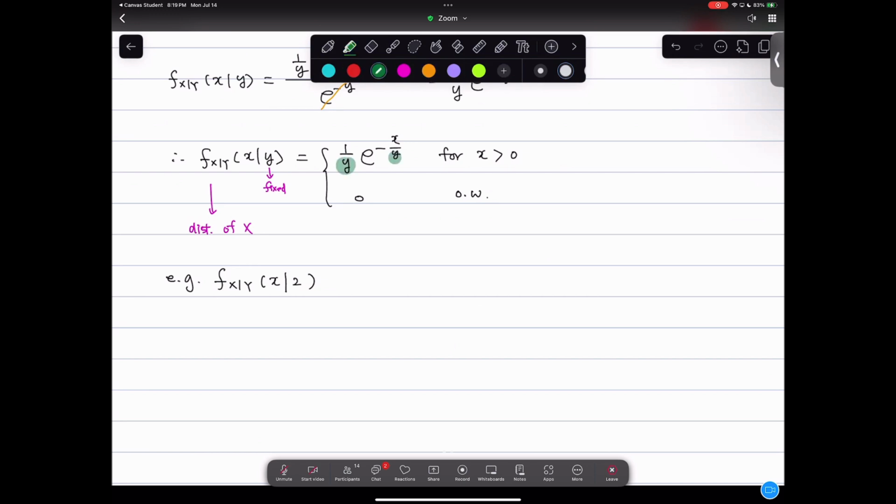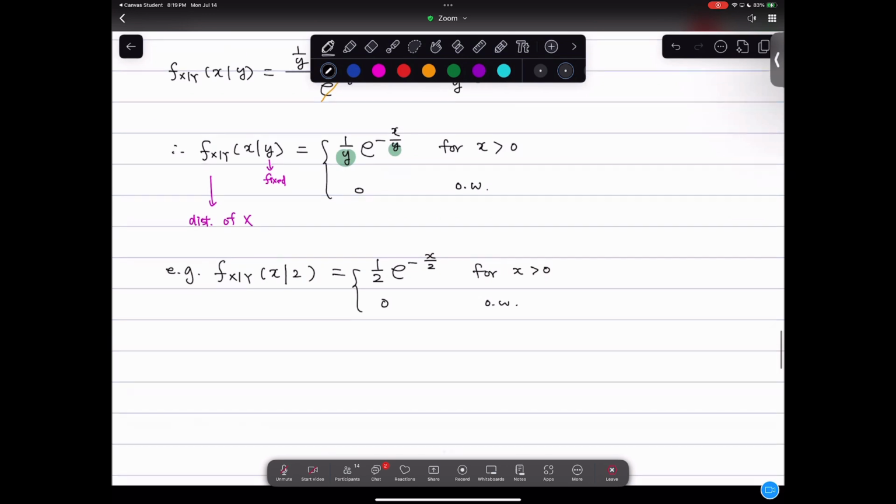So I'm getting 1/2 e to the power of negative x over 2 for x value greater than 0 and 0 otherwise.